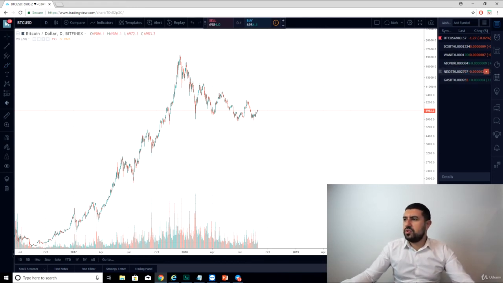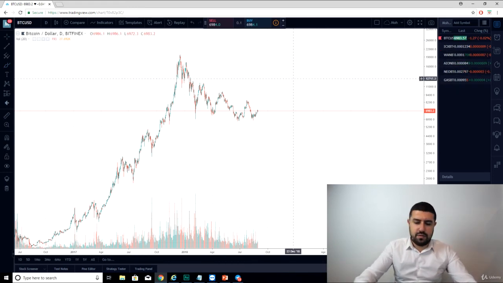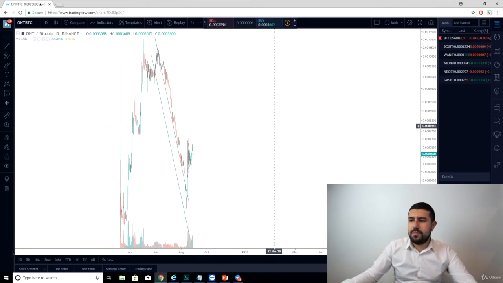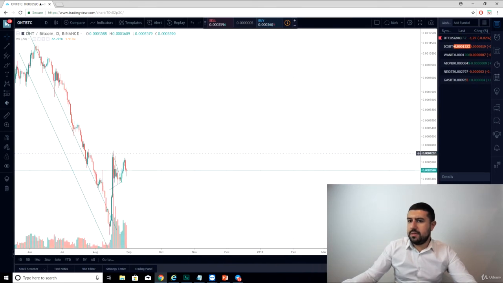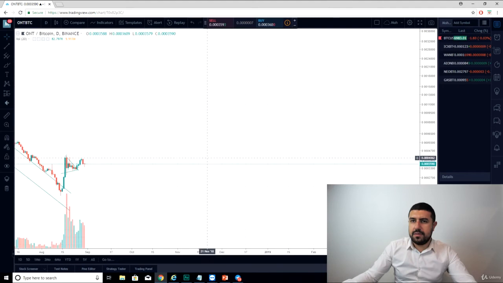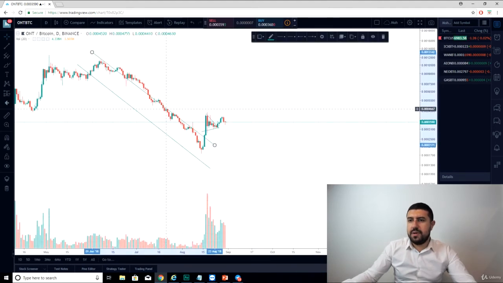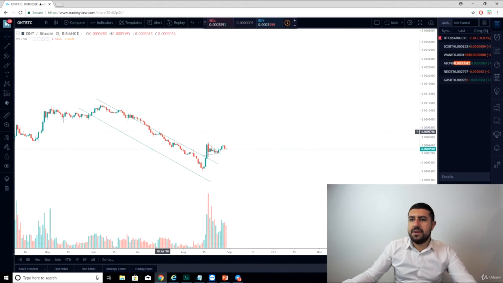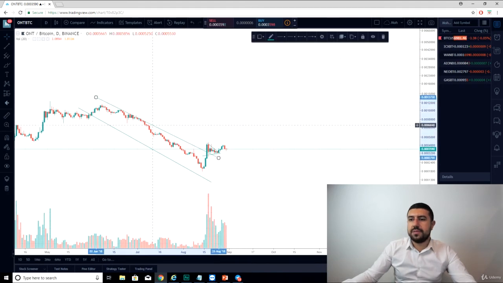And I think there's one trade I've done here just a few days ago on Ontology, Ontology Bitcoin. And I wasn't actually looking at, okay, so I want to buy this, right? But it's in a very big downtrend, okay?